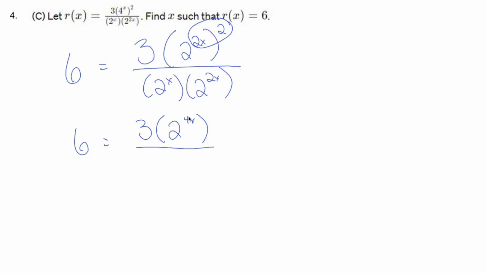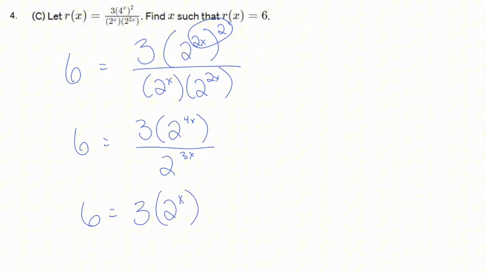So 1x plus 2x's is 3x's. Ooh, I have 2 to the 4x over 2 to the 3x. When you have terms of the same base and you're dividing the one from the other, you subtract exponents. So 3 has not been bothered with yet. And 4x's minus 3x's is just going to be 2 to the x.